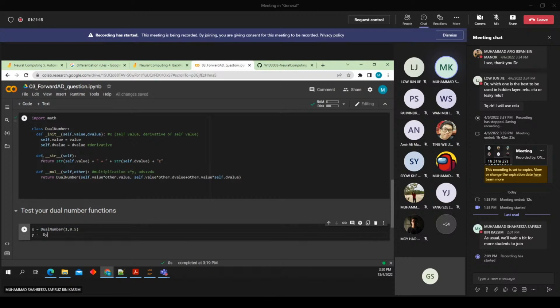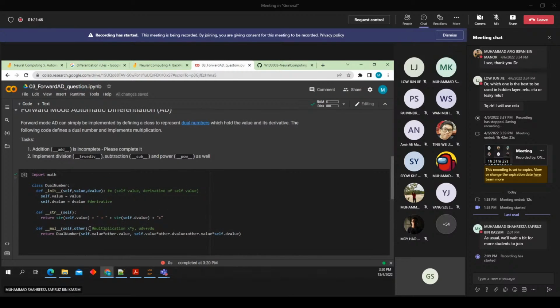Y equals 2, with derivative 0.7. These are arbitrary values that I'm putting in here. Please don't think too much about why it is 1, why it is 2, why it is 0.5, why it is 0.7. You'll see this at the end of the whole process, hopefully.